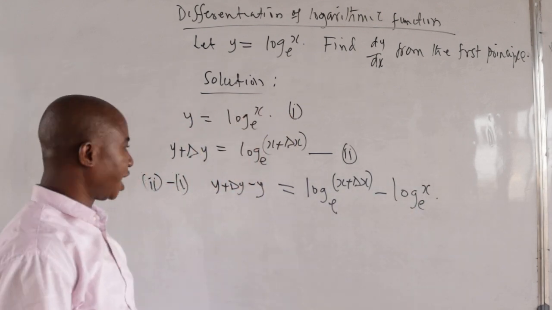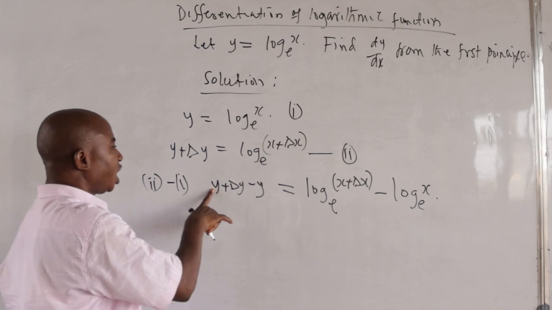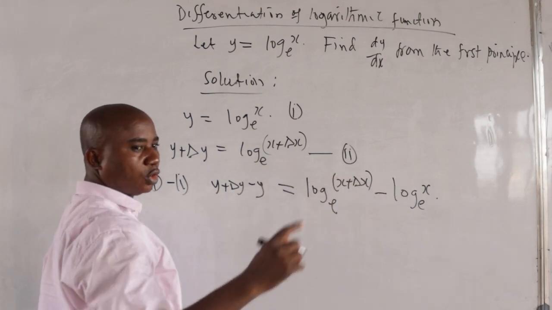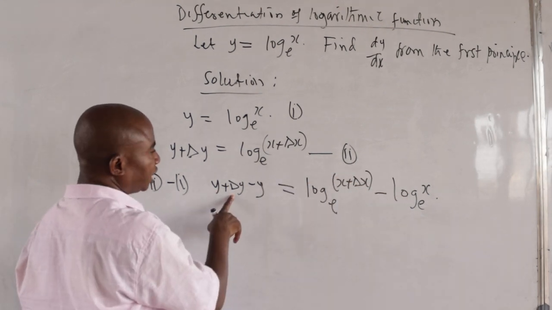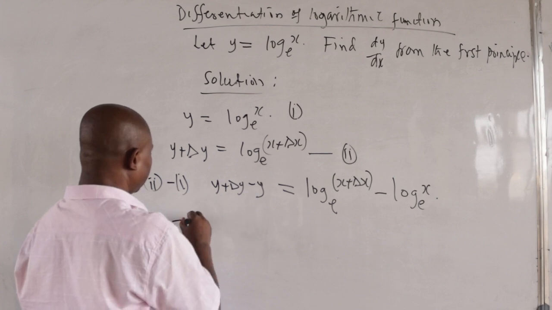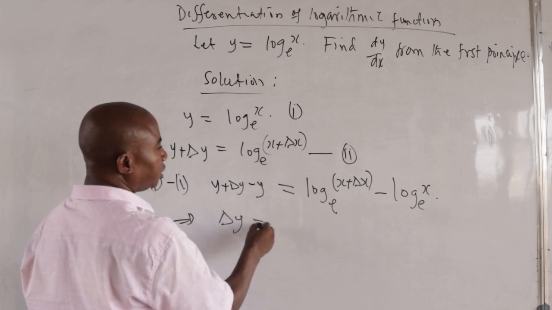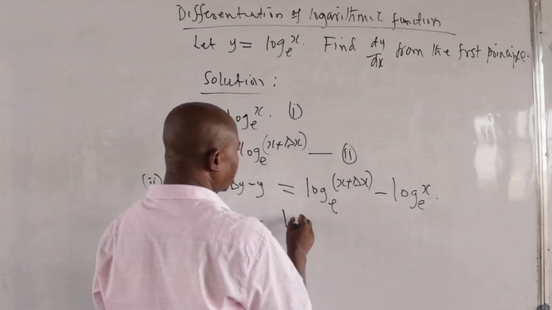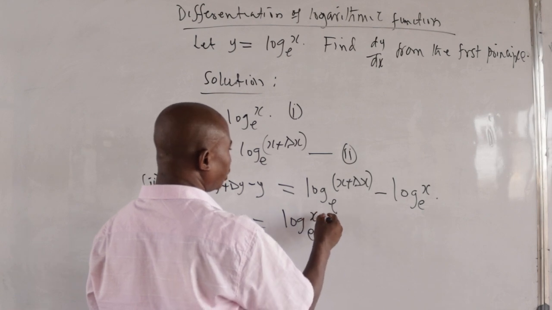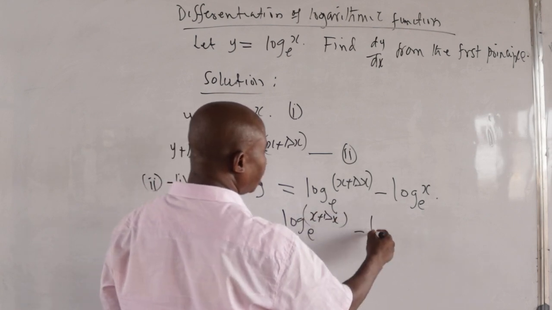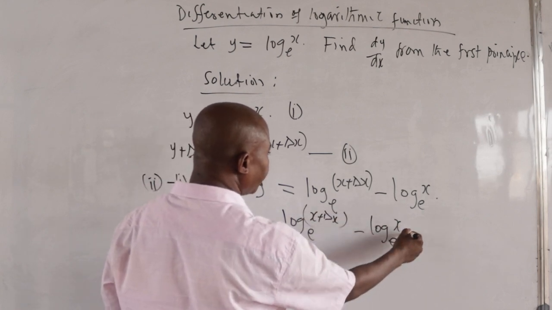So this is what we have. y minus y is 0. So what we are left with on the left hand side is change in y is equal to log to base e of x plus change in x minus log to base e of x.